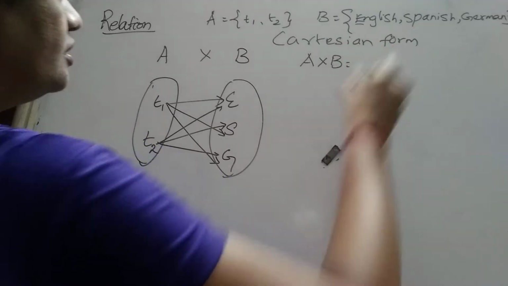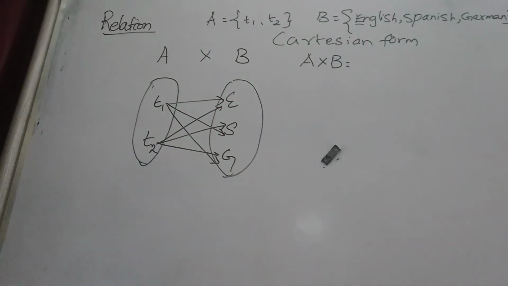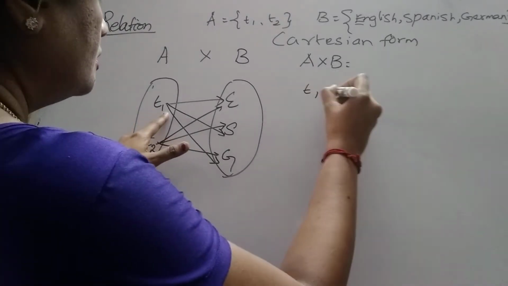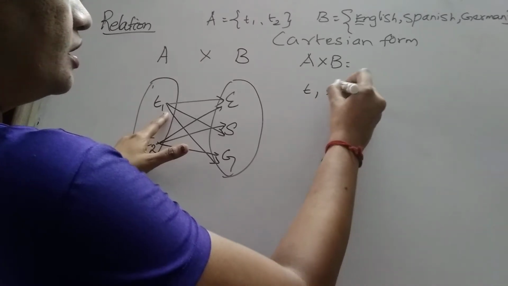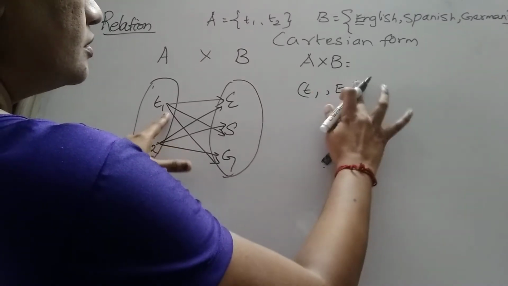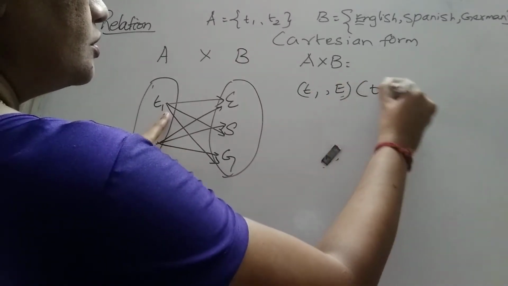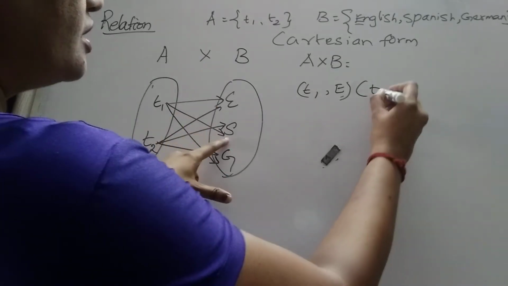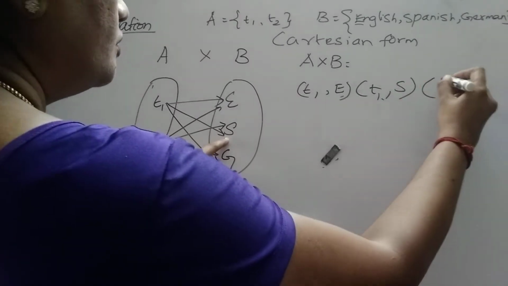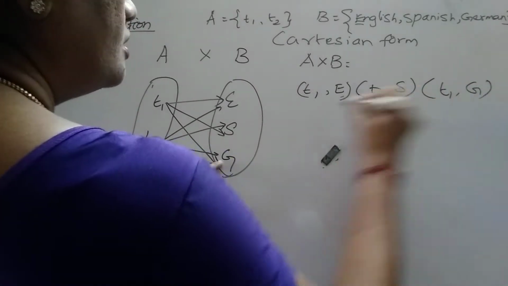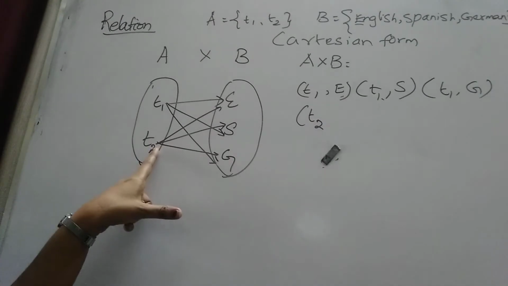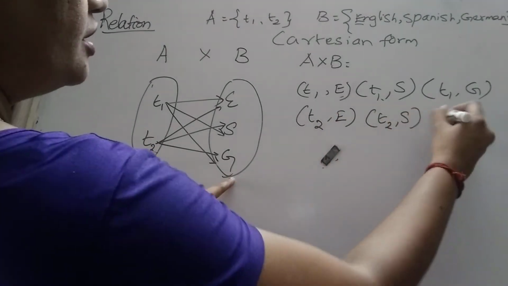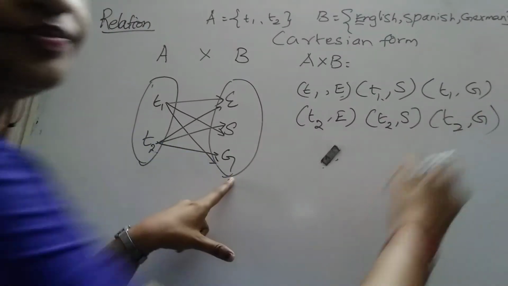This is the Cartesian form of writing the elements of two sets A and B. Now how are the elements grouped? T1 comma English, T1 comma Spanish, T1 comma German. In the same way T2 is related to English, Spanish and German.